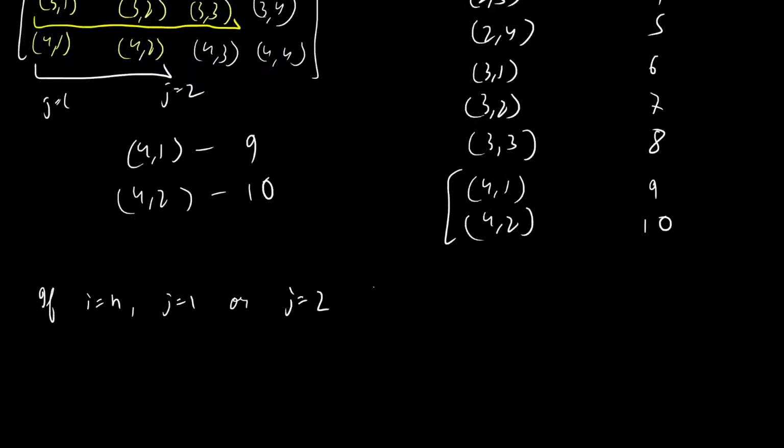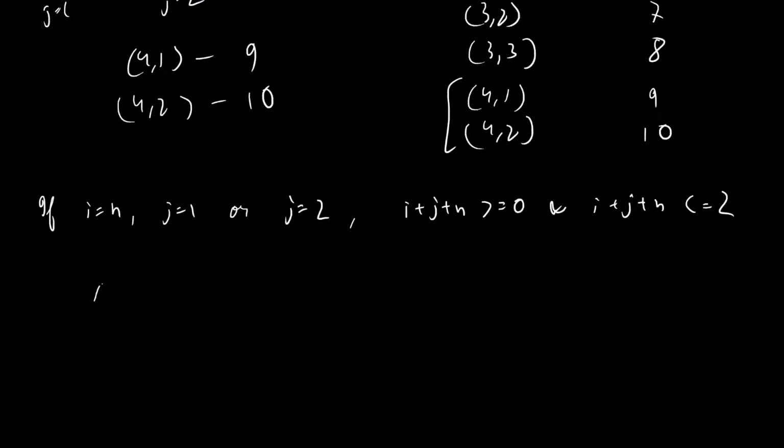Now to derive the formula for the other condition, i plus j plus n greater than 0 and i plus j plus n less than or equal to 2, here we have to derive the formula for aij. What will be this?